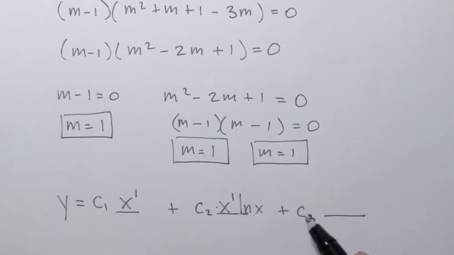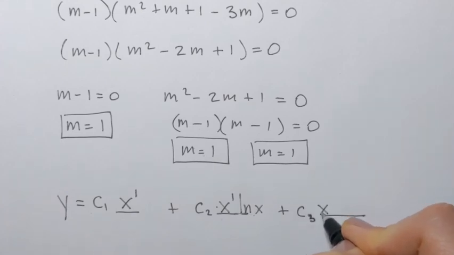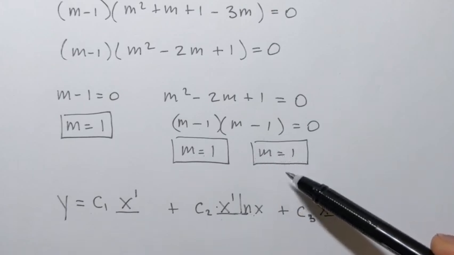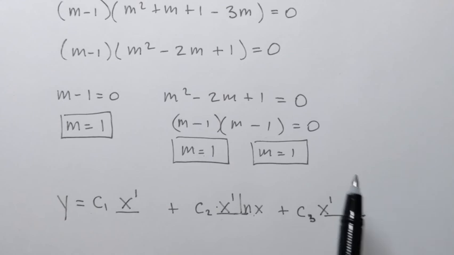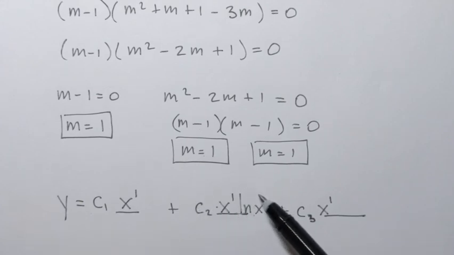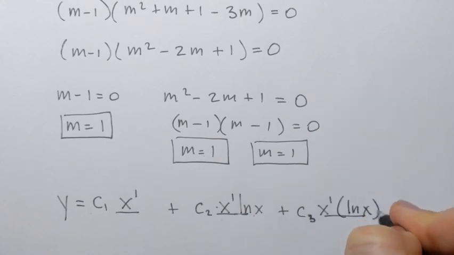And now to obtain the last term, we'll still have to put C3 times x to the power 1. It corresponds to this third value of m, which is, again, the same. And think this way: you don't want that term to repeat any preceding terms. So what we'll do is take the preceding term and multiply it by another ln of x. So it's going to be ln of x to the power 2.